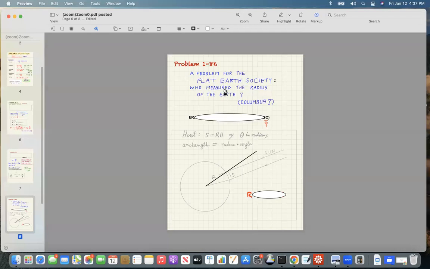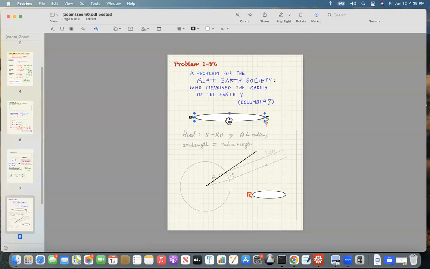Well, of course, the knowledgeable people knew that the Earth was not flat, but unknowledgeable people would tell Christopher Columbus, don't just sail off to the west, you'll come to the edge of the Earth and fall off. Well, Columbus knew the Earth was not flat, but did he know the radius of the Earth? Yeah, Columbus knew the radius of the Earth. He wasn't the first person to determine the radius of the Earth. Who was the first person to determine the radius of the Earth?